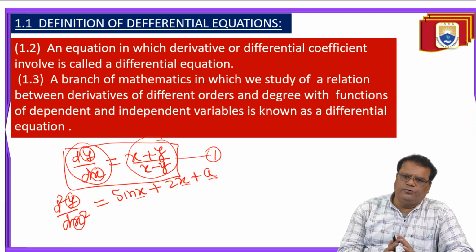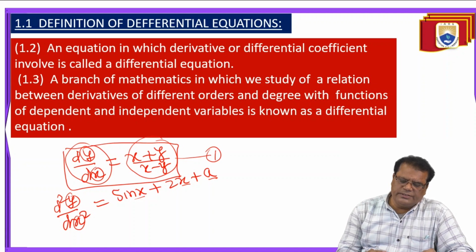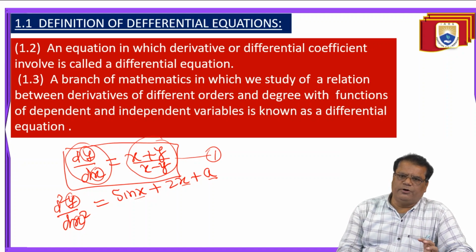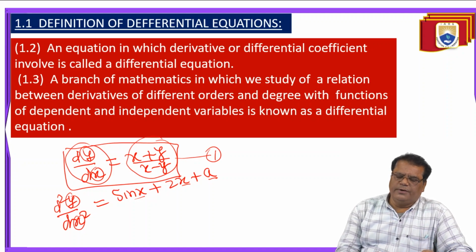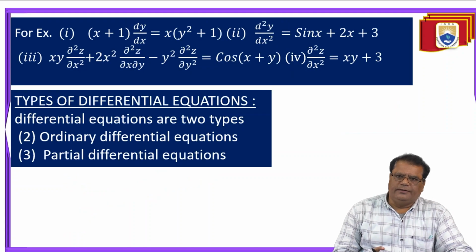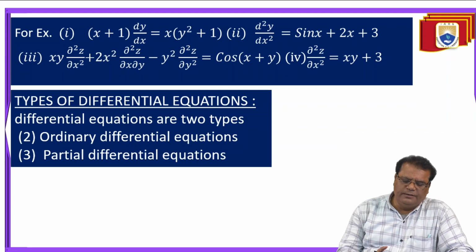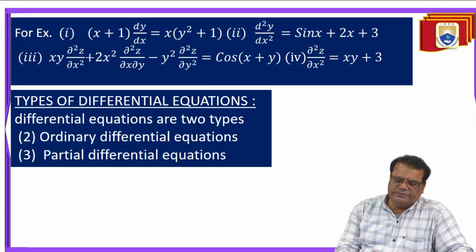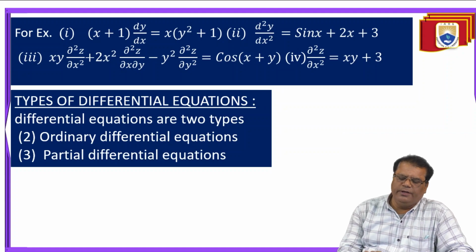Our motto is that in this relation there should be derivatives and there should also be variables, one independent variable and the other dependent variable. Next, for example, I am giving some examples. Suppose (x + 1) dy/dx equal to xy² + 1.